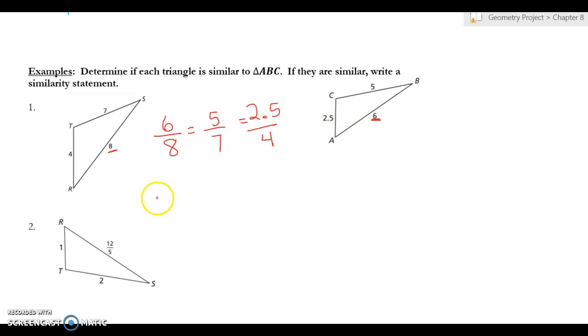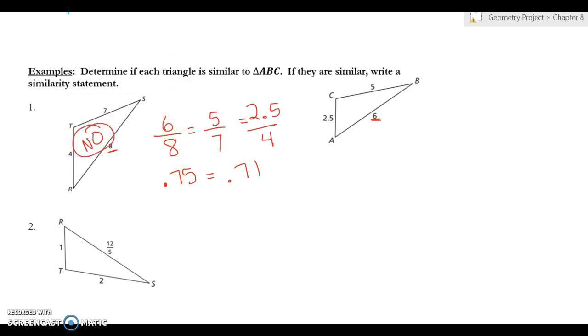Now I'm going to take my calculator and divide each of those to see what I get. Okay, so 6 divided by 8 is 0.75. And if they're proportional, then 5 divided by 7 will also be 0.75, and it's not, it's 0.71. So we can stop because those two don't even equal each other. So this one is no.